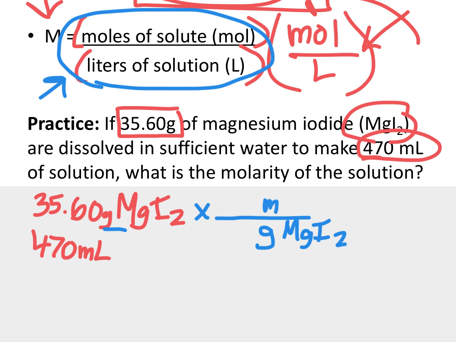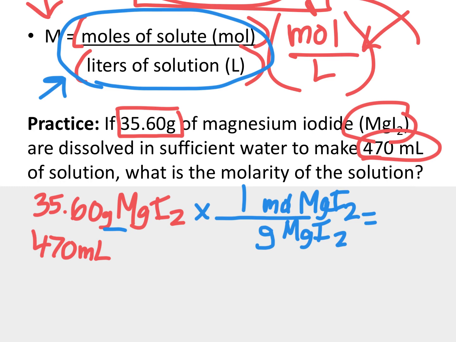And we're also going to put moles of the object up on top because that's what we're trying to solve for. When we look at our mole map, for every 1 mole of the substance, we need to put the molar mass of magnesium iodide.